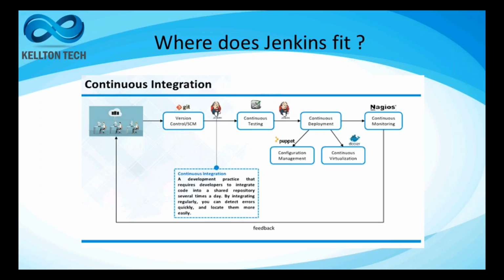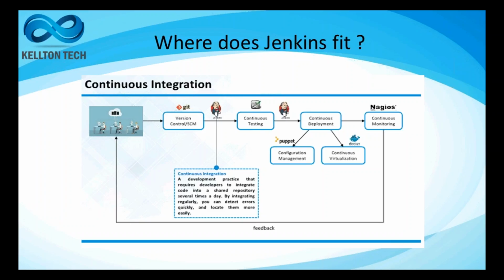Here in DevOps, continuous integration is used to integrate the various DevOps stages. We can use it at various stages, like before testing, before the UAT environment and before the production environment.